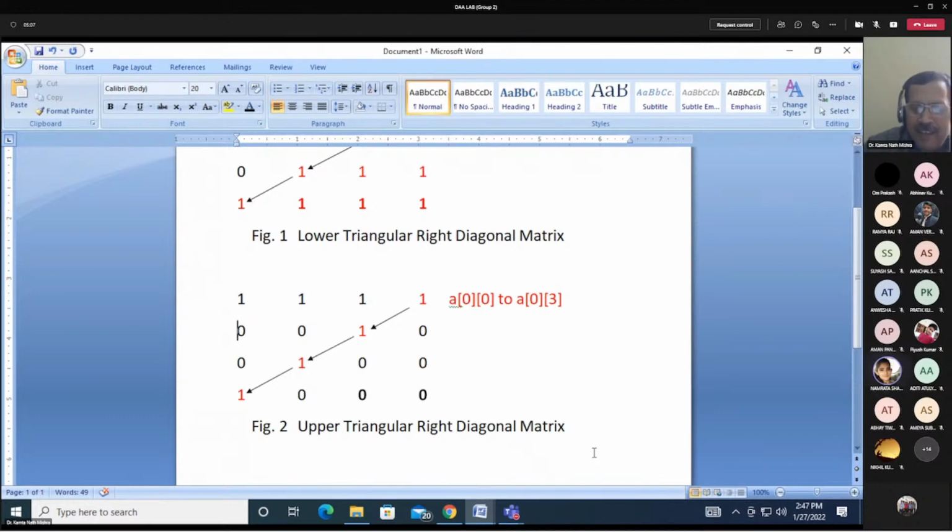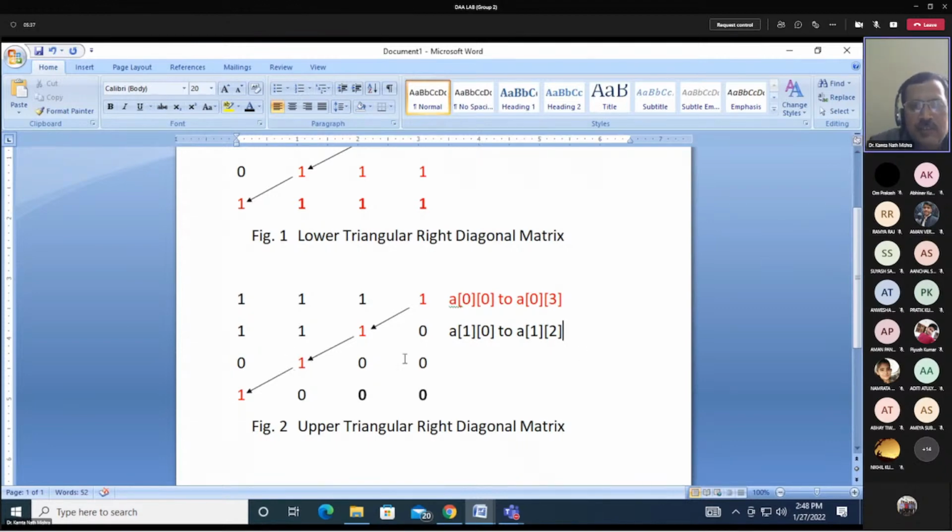A10, or A01? Sir, A10. Yes. So A10 will be non-zero, A11 will be non-zero, and A12 will be non-zero. So here I'm writing A10 to A12.